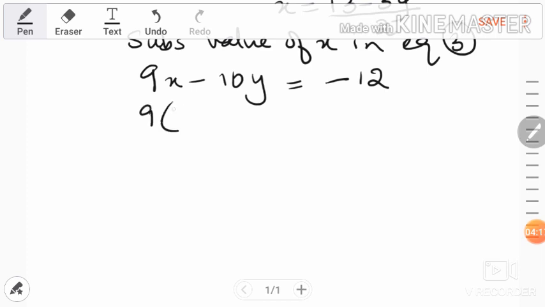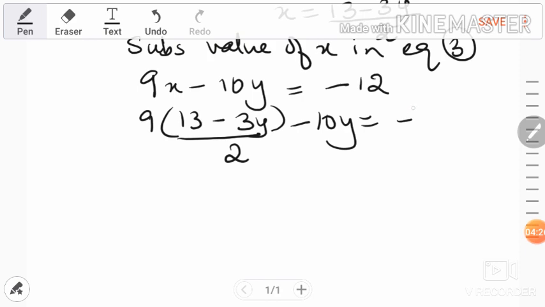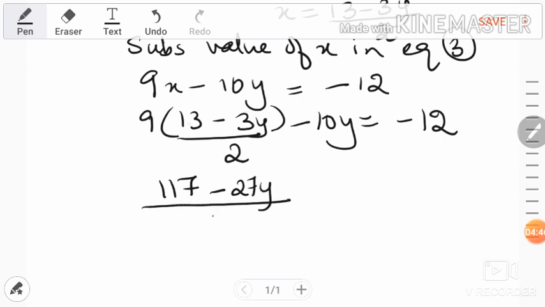So 9 times 13 minus 3y divided by 2 minus 10y is equal to minus 12. Thirteen nines are 117 minus 27y. Multiply 9 to each term divided by 2 minus 10y equal to minus 12.